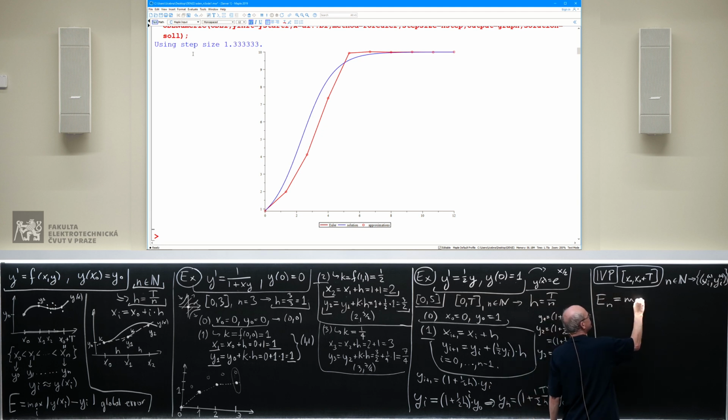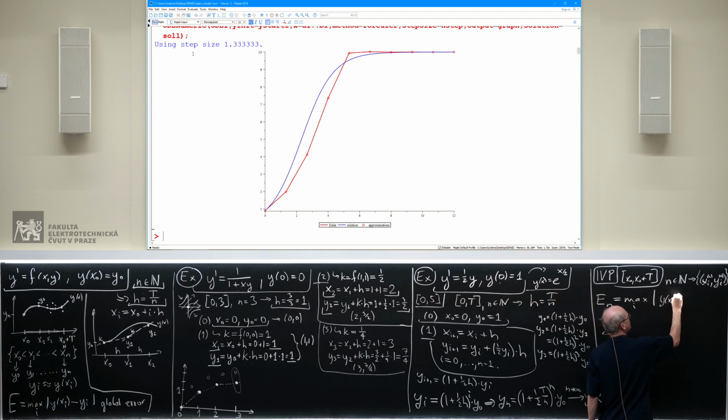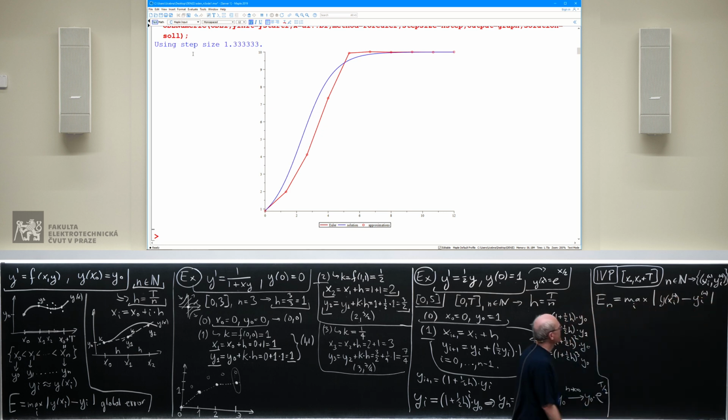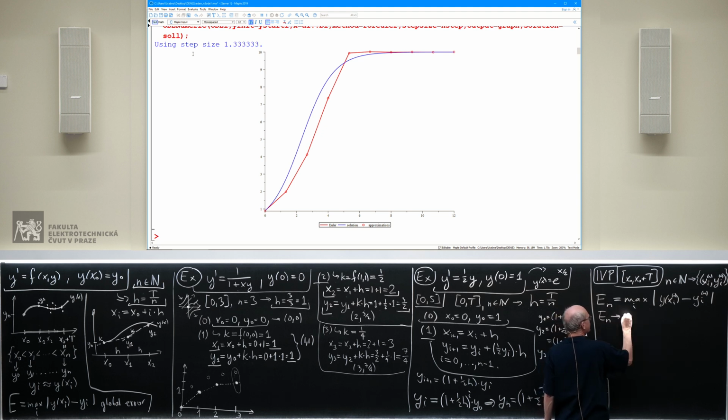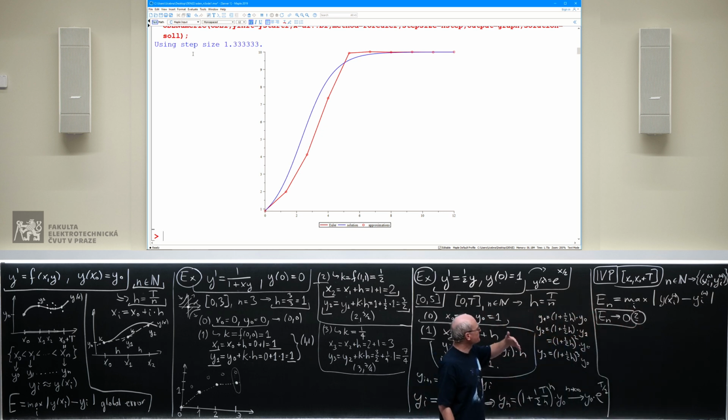So the global error is the maximal distance between the actual solution and my approximation. But now I'm doing this for each partition size n. And the natural requirement, and actually it's the baseline requirement, something that you really want, is that this global error goes to 0. That's the key question. Is that true? Because if you have a method which doesn't work like that, then it's essentially worthless.